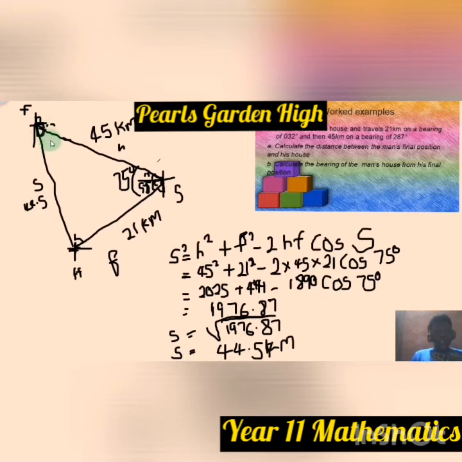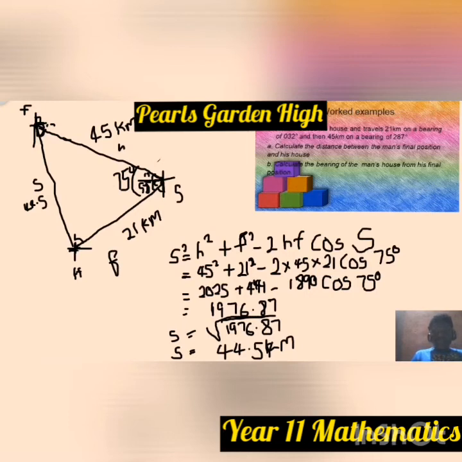And to find that, we can use the cosine formula because we already know this angle and this angle in a triangle. So the angle in the triangle here, you can find it using the cosine formula. So we just change the formula to find that. We write the cosine formula to find the missing angle.